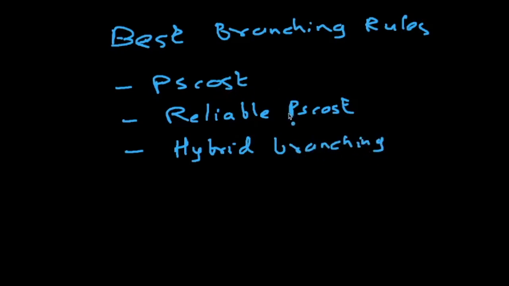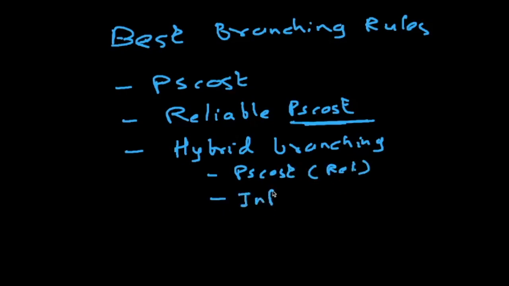So obviously, the pseudocost is still the major component of branching, and even in hybrid branching, which basically says that we not just look at the pseudocost, but we'll also look at a bunch of other things. So first of all, pseudocost is obviously there, which is, let's say, reliable, but there are also other things like inference score. And then there is also conflict score, right?